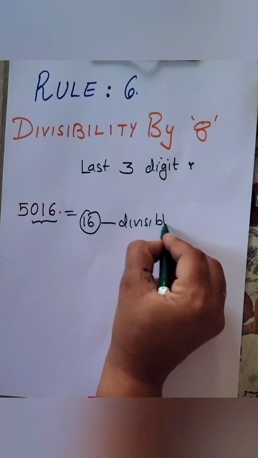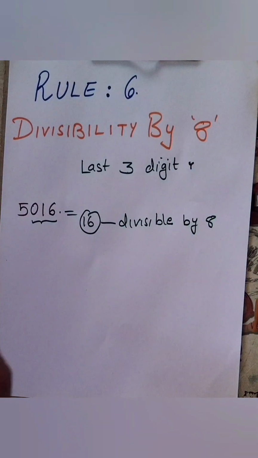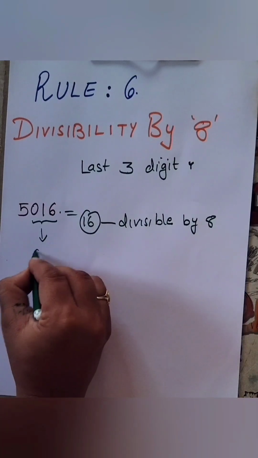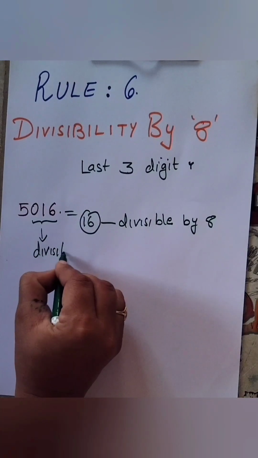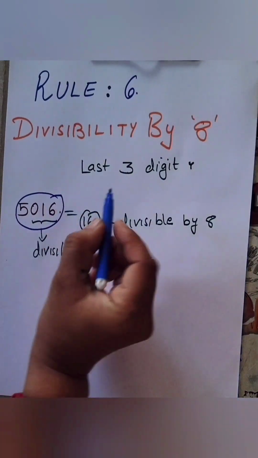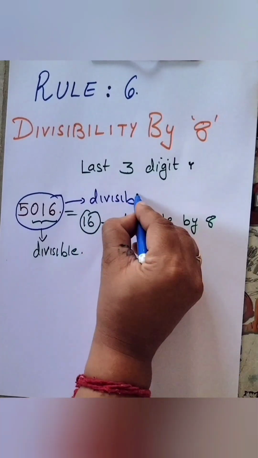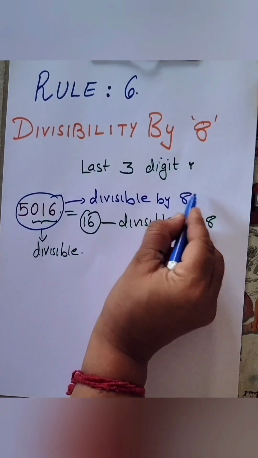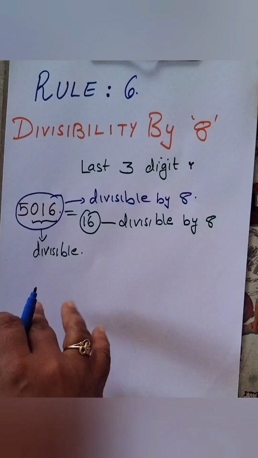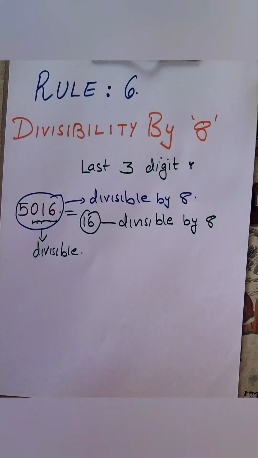If the last 3 digits are divisible by 8, then in that case the whole number is divisible by 8. So we don't have to divide the whole number. We have to check just the last 3 digits. If those 3 digits are divisible by 8, then the whole number is divisible by 8.